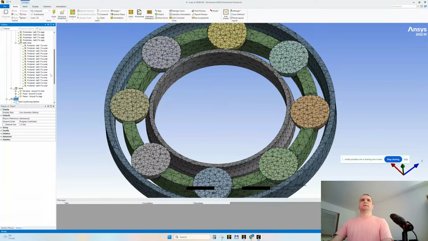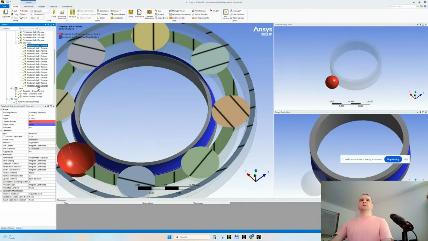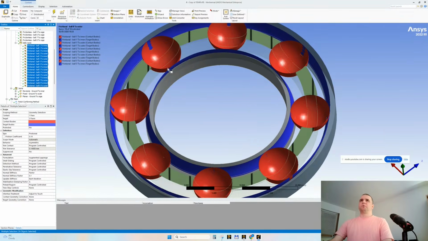All right, and here I would like a little bigger friction coefficient. Who is propagating the friction? The inner rotates.